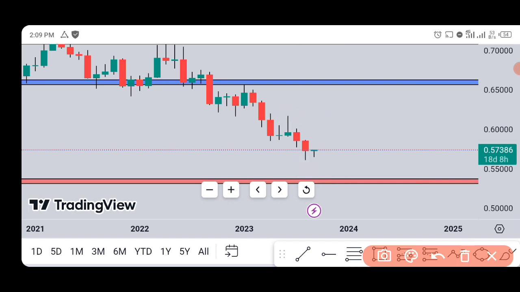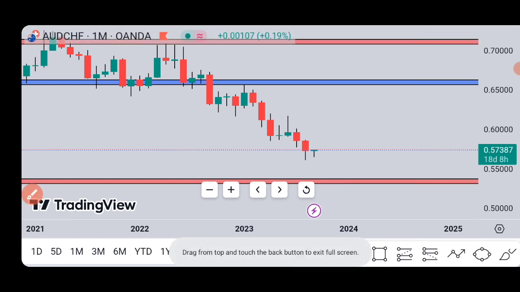So from the monthly candlestick pattern now, we can see this candle close bearish, and we can also see this candle close bullish. So this formation is like indecision, so you can't really know what will happen from here from the candlestick pattern. So I'll just go down to my weekly time frame.